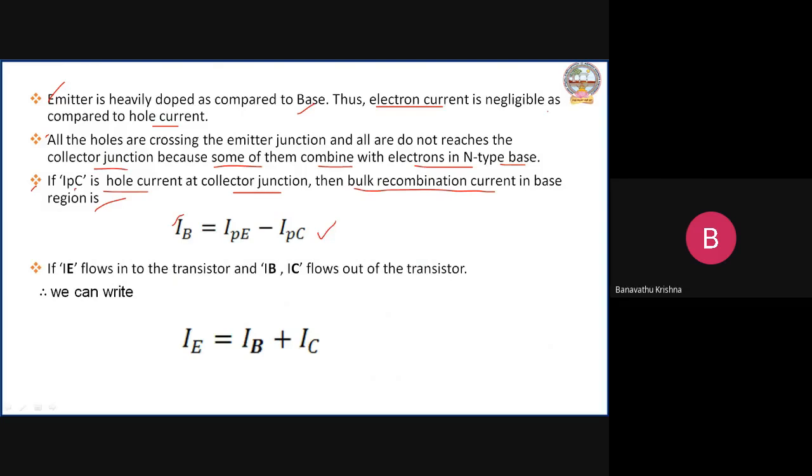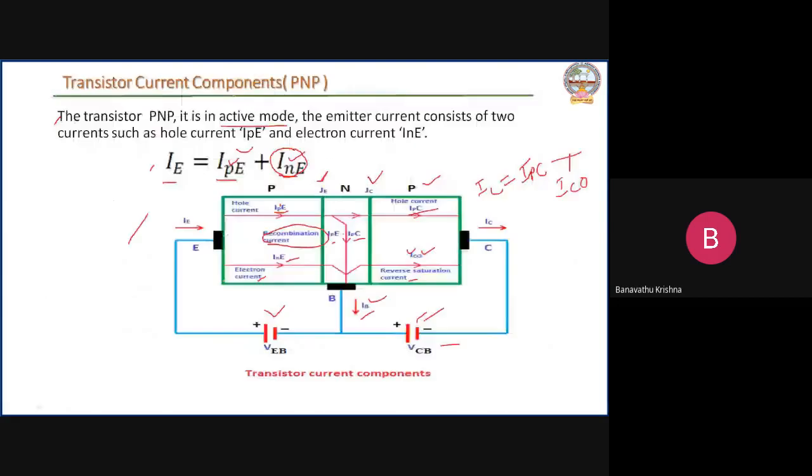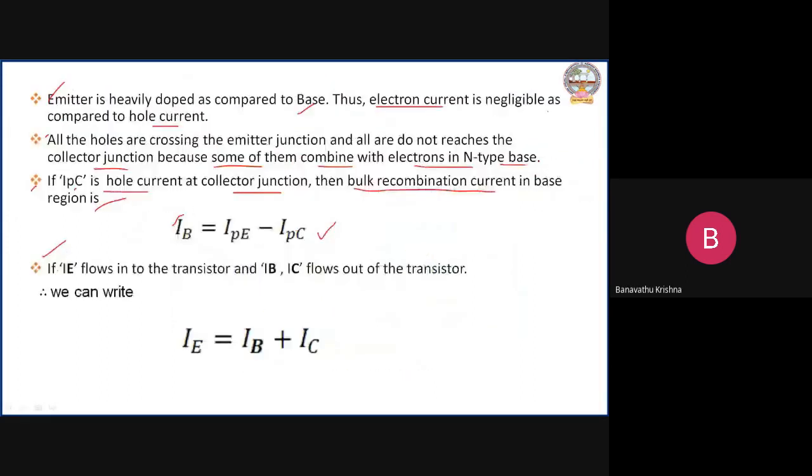Okay, and here IE flows into the transistor. Let us see here, IE is entering, and the remaining two currents, IB and IC, are leaving currents. So the emitter current flows into the transistor, and IB and IC flow out of the transistor.